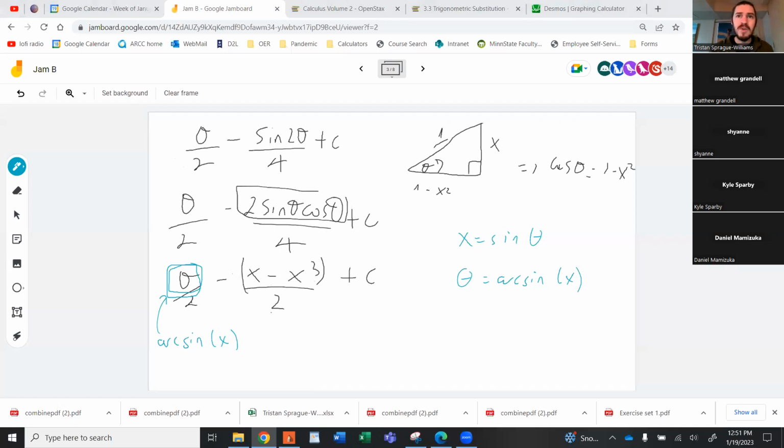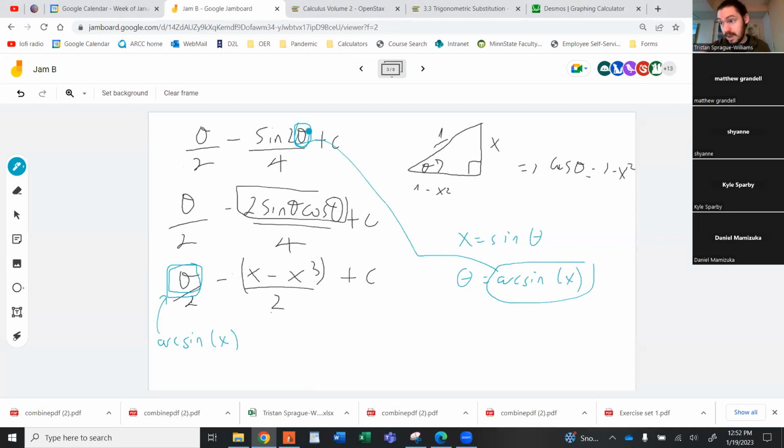Question here: does a half arc sine x minus a fourth sine 2 arc sine x work? So Issa's asking, can you just use arc sine everywhere and put this arc sine in like here? I mean, you can. That would be a correct answer.